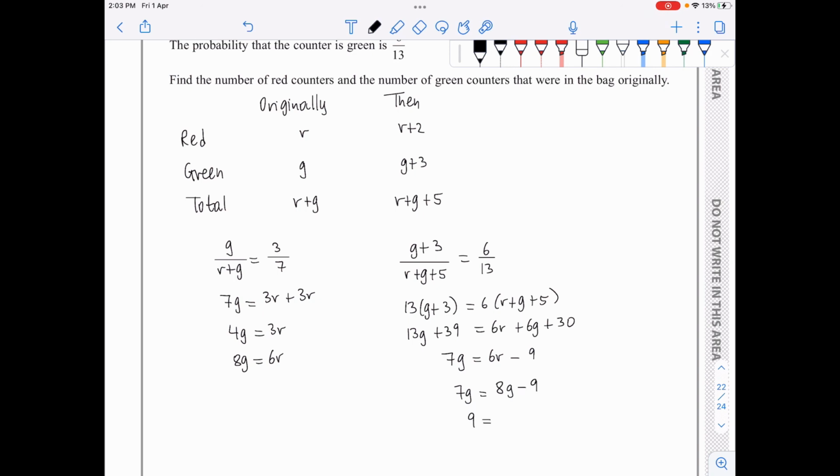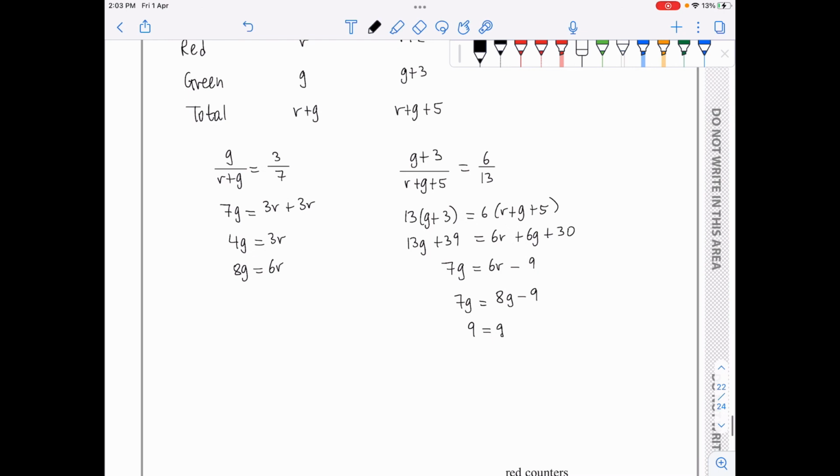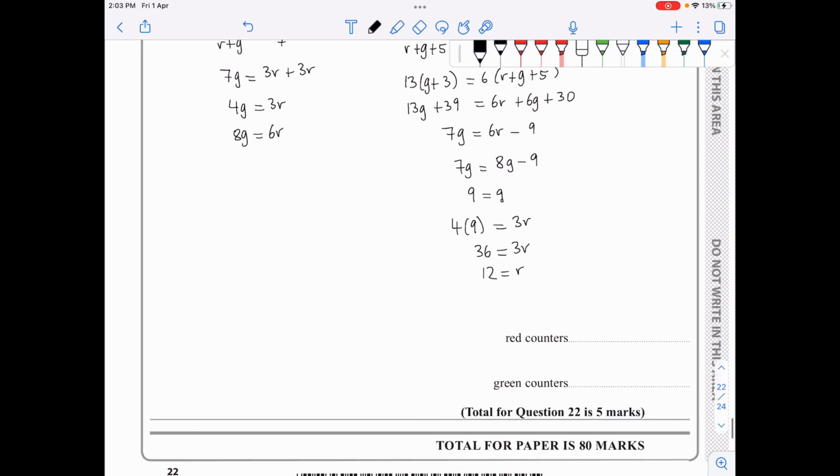So 9 is equal to G. And then substituting, 4 times 9 is 3R. I get 36 is 3R, which makes R 12. And therefore, we've got a total of 12 red counters and 9 green counters.